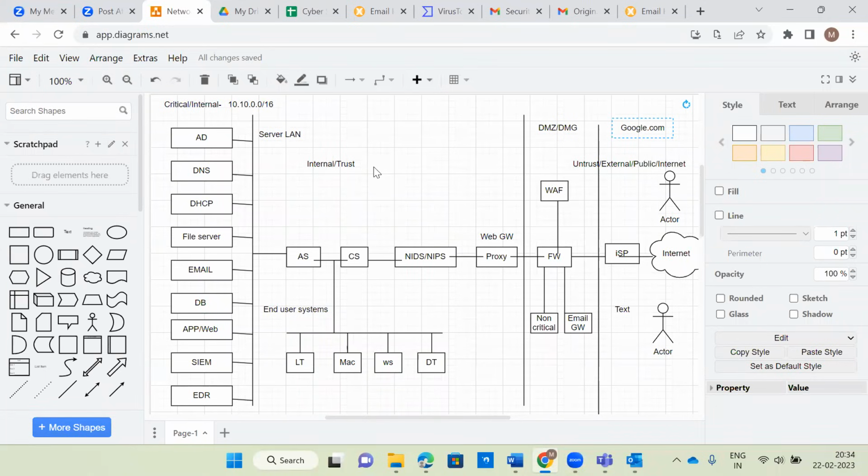Okay, that's all for today. Please go and read this particular diagram.